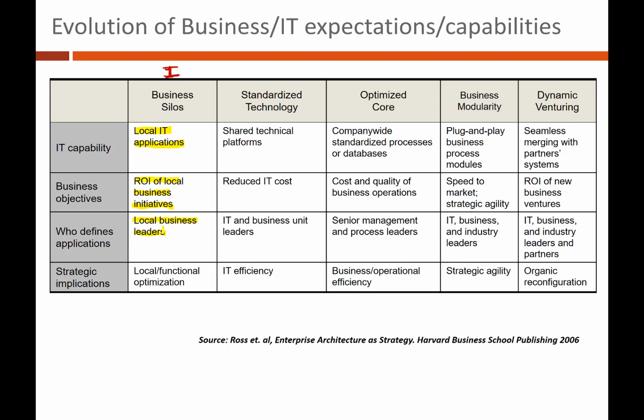If we're buying software to help in the warehouse, the people that work in the warehouse tell us what the software is supposed to do. And our whole goal here was we just want things to be better in that one local area, in that one functional area. And that was a good first step.